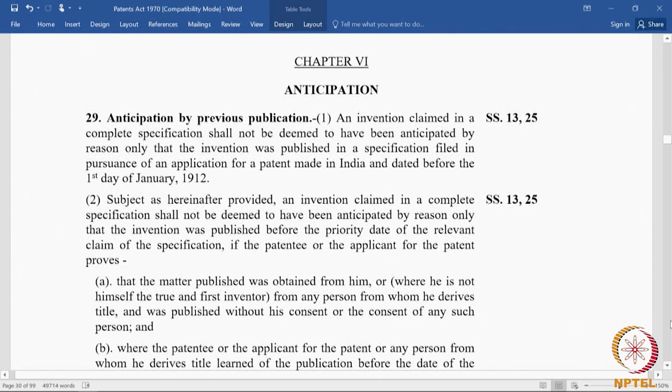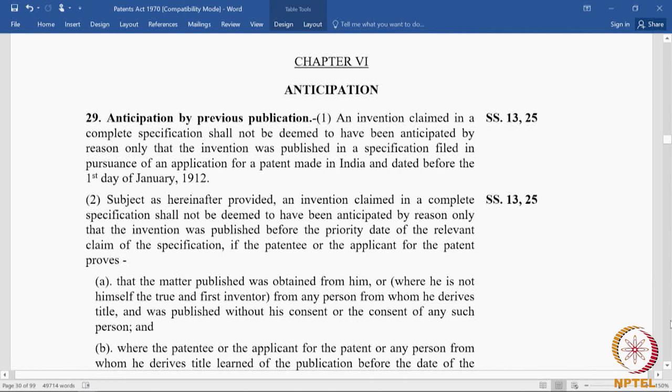This is under the system that was established by the British. So, an invention claimed in a specification shall not be deemed to have been anticipated by reason only that the invention was published in a specification filed in pursuance of an application for a patent made in India and dated before 1st Jan 1912.